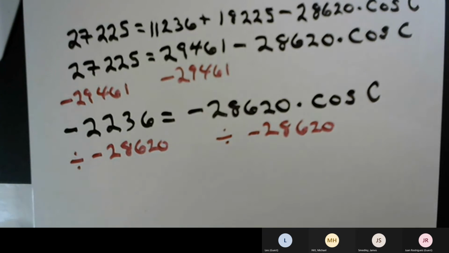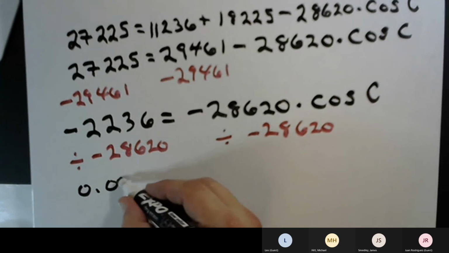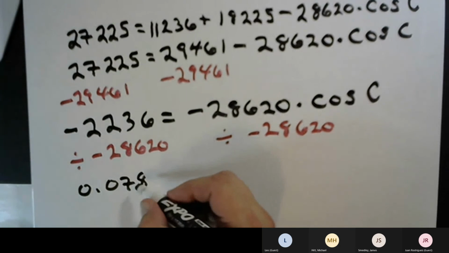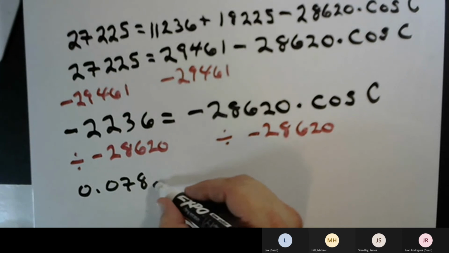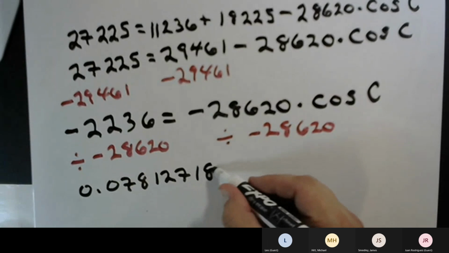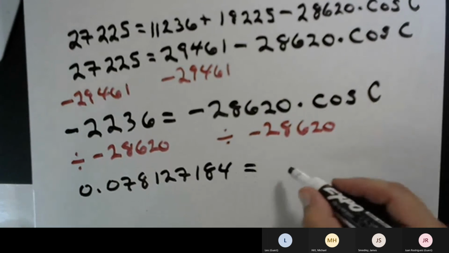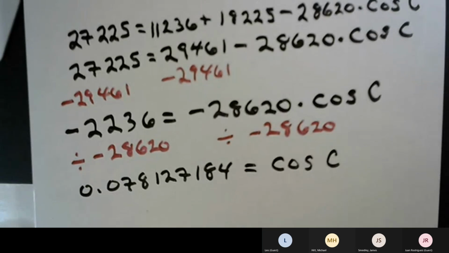And so we're going to get this number, 0.078127184, equals the cosine of C.